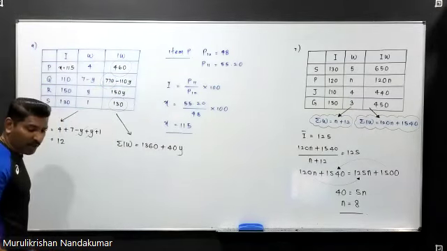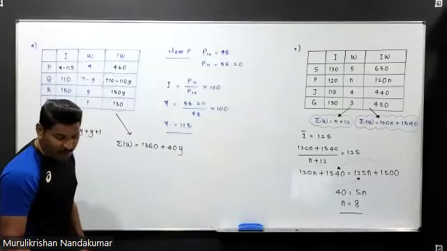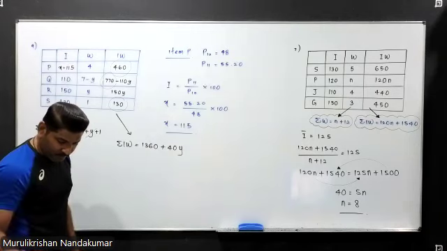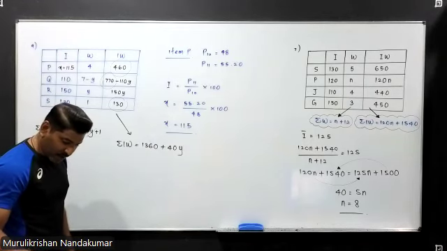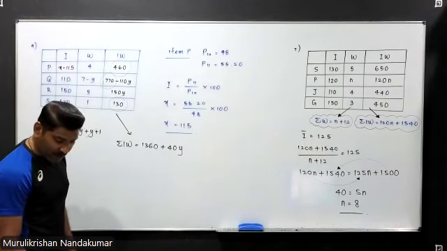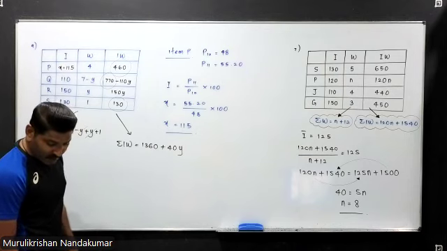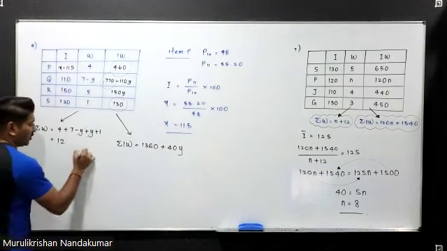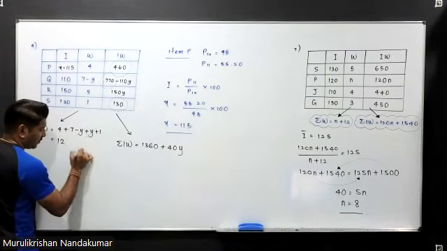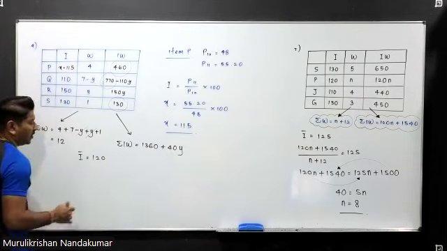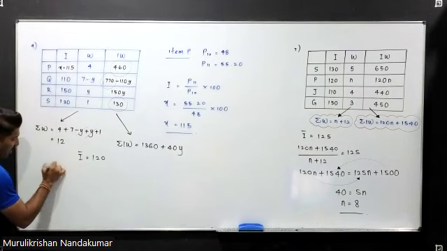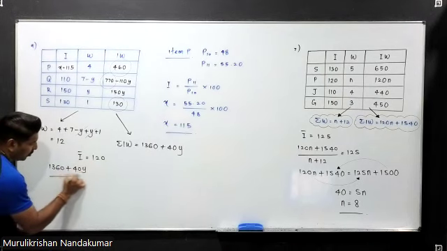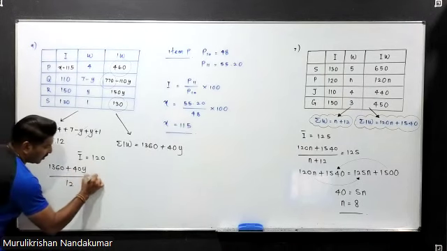For question number 9, they already mentioned the composite index is 120. So sigma IW is 1360 plus 40Y over 12 equals 120.